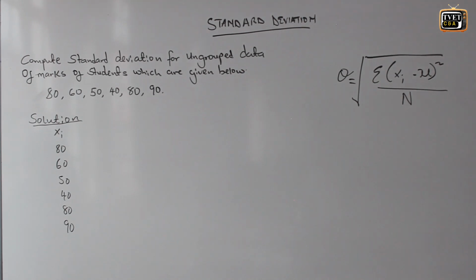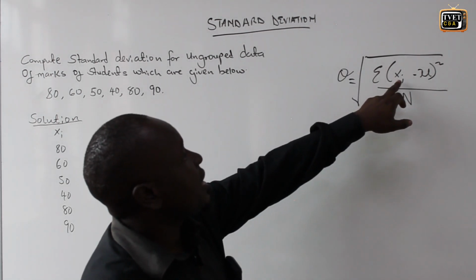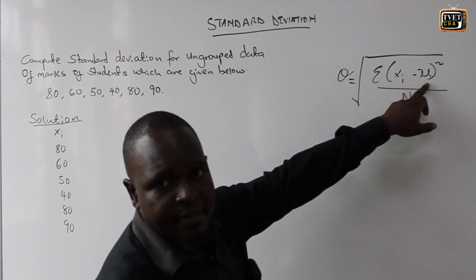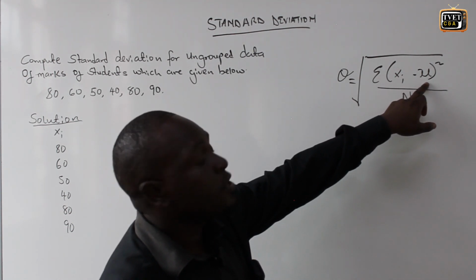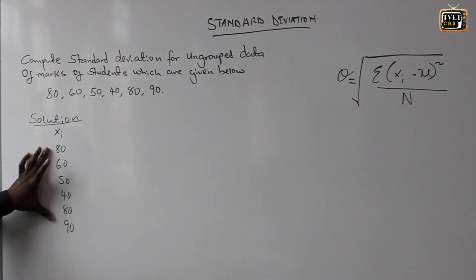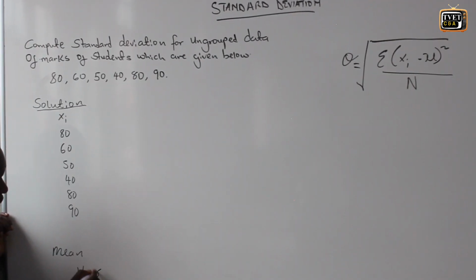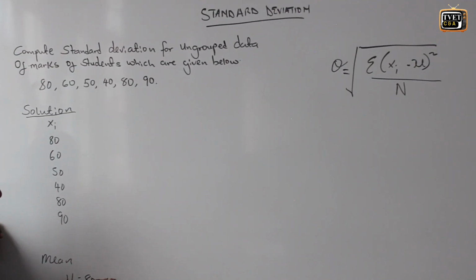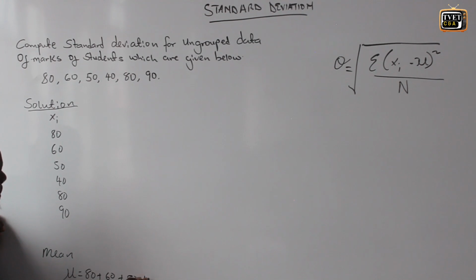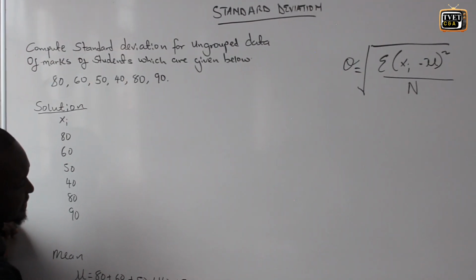Now, in our formula, we have the variable minus the mean. So what should you do? You find the mean. The mean is the total of the marks divided by the number of observations.